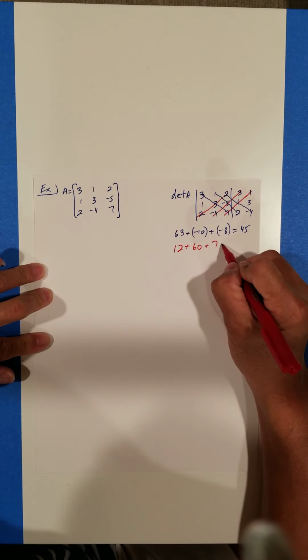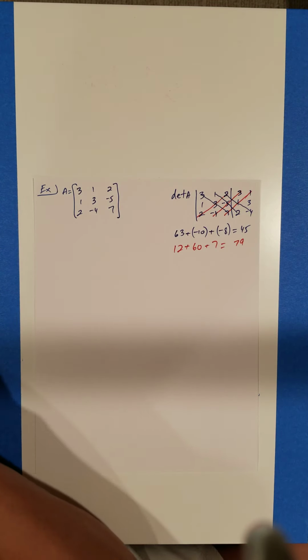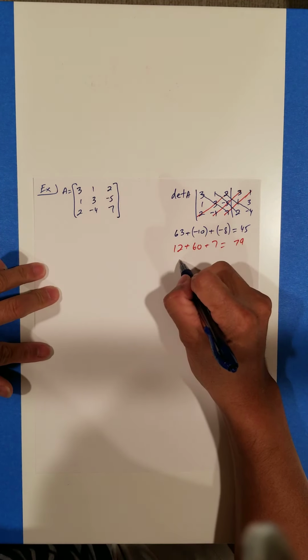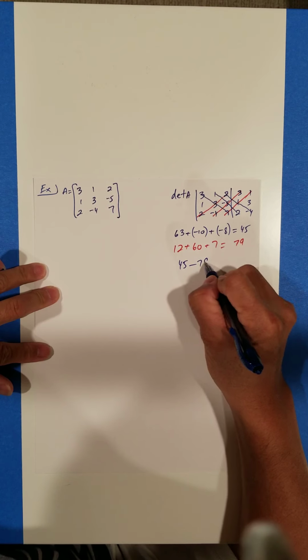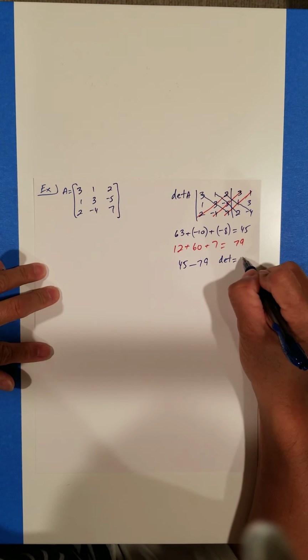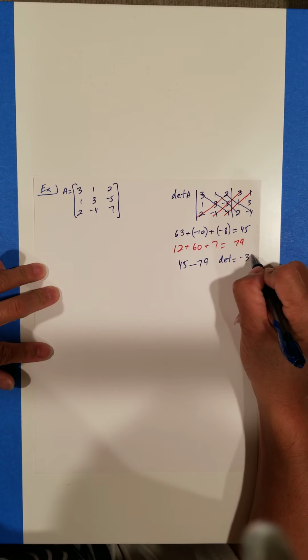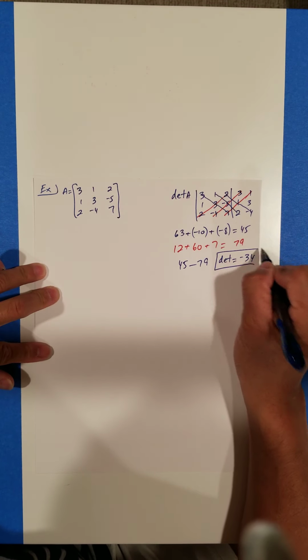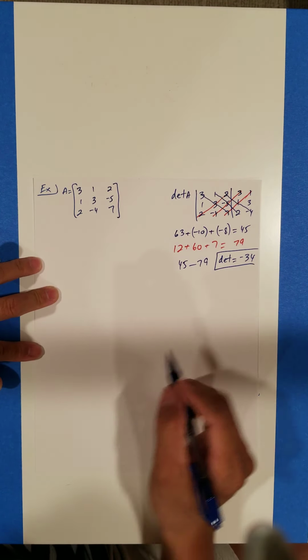So here I get 79. Now, the determinant is 45 minus 79. So determinant equals -34. Remember that? We did that last section.